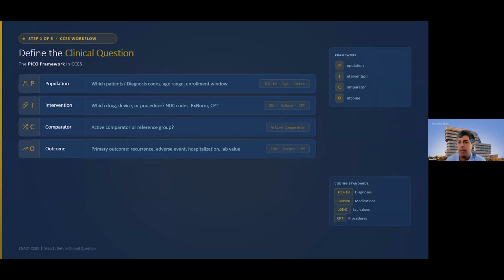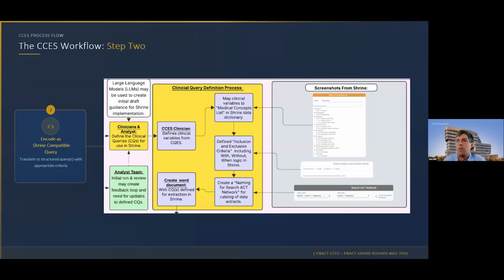And as that happens, we're beginning to think about some of the coding standards for each of those areas. And that is the bridge that takes us into our next portion, defining the clinical queries. As we define these queries, our CCES clinicians and our data analysts are who is doing that now.